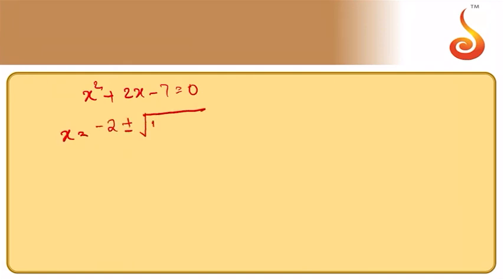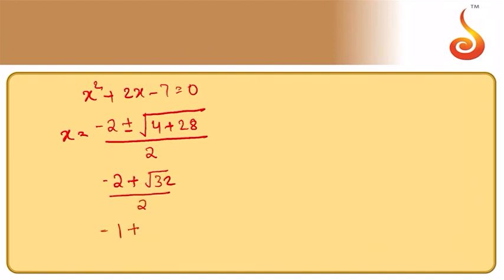Now, if we take the first equation, x square plus 2x minus 7 equal to 0, x equal to minus 2 plus or minus under root of 4 plus 28, by 2. So x must be greater than 3 by 2. So we take minus 2 plus root 32 by 2.